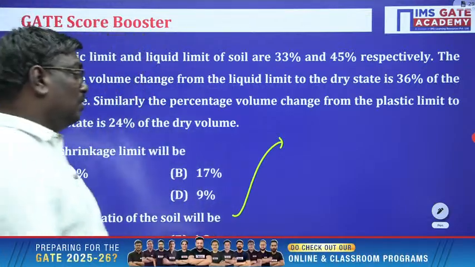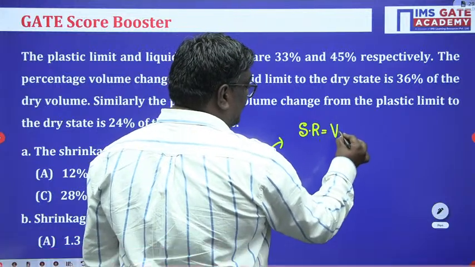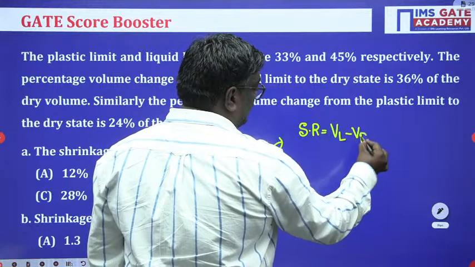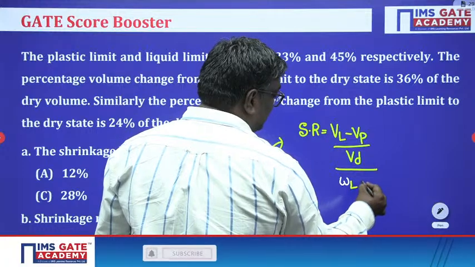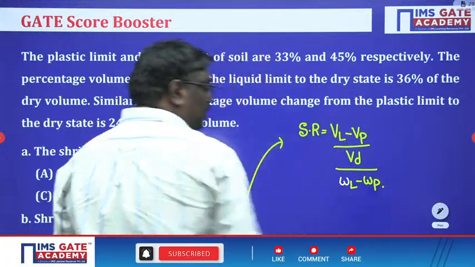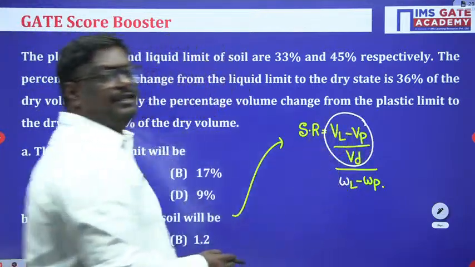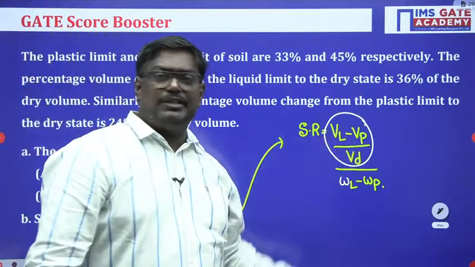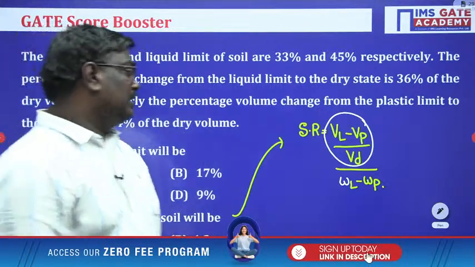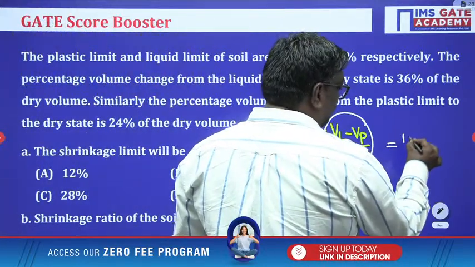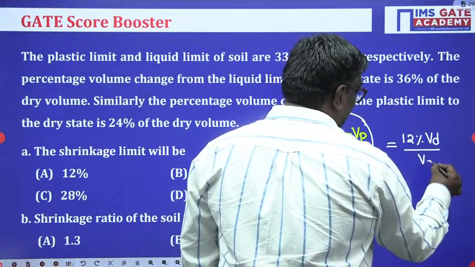It is VL minus VP upon VD, upon WL minus WP. This term is also called volumetric shrinkage.